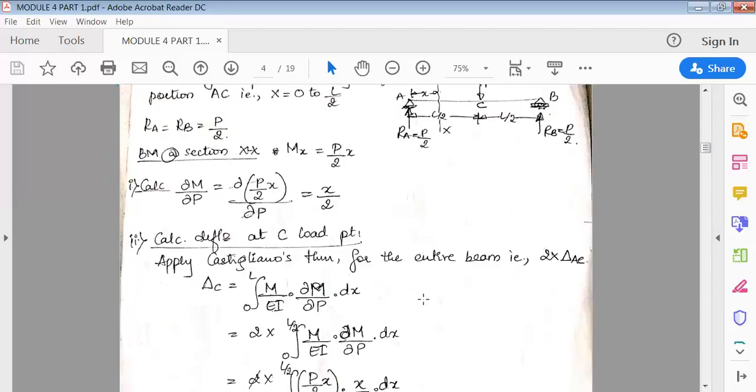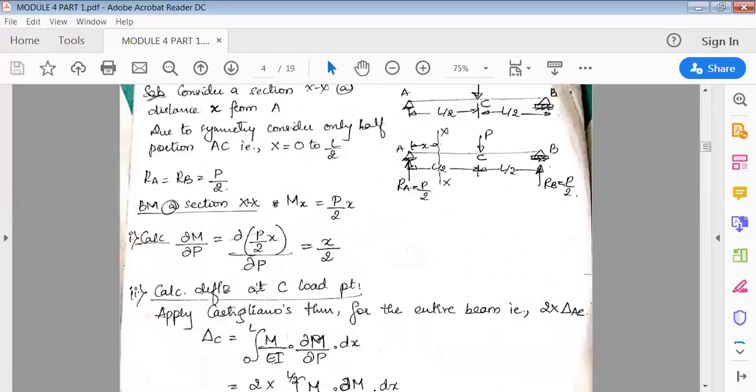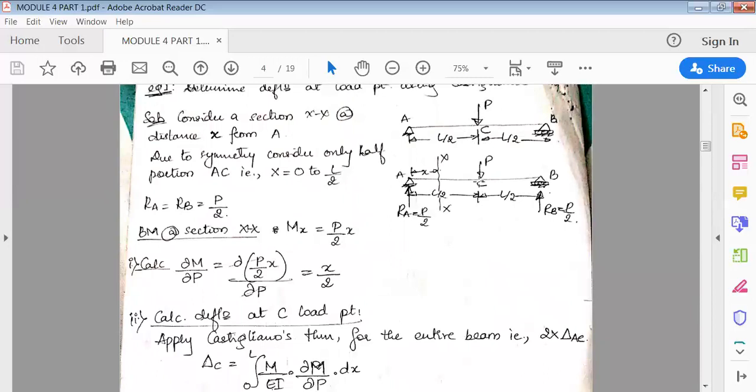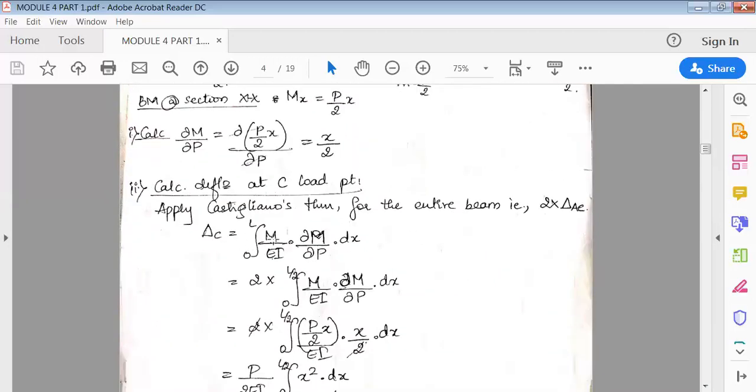So what I'll do here, apply Castigliano's theorem for the entire beam, that is 2 times delta C. Whatever delta I get here, if I multiply it by twice, then it will be applicable for the entire beam. So delta C, the load point, is nothing but C. Delta C is equal to integral 0 to L of M over EI into ∂M by ∂P into dx.